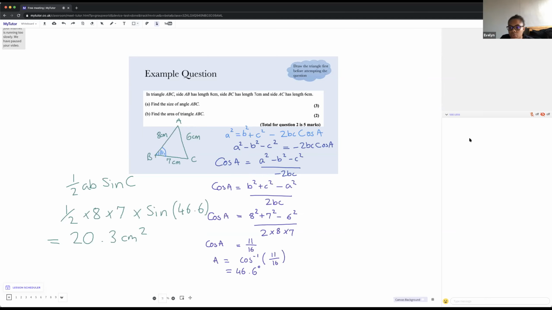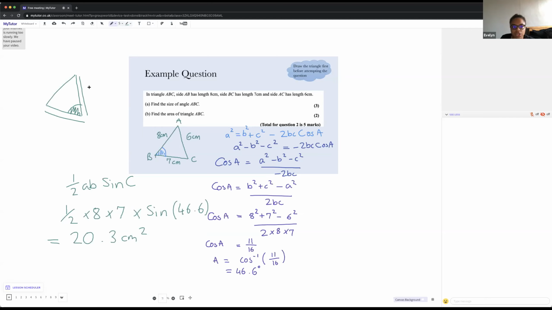Some of you are asking within the area. So again, with the area, let me just show you quickly as well. If you have a triangle, any triangle that you have, if this is your angle and you want to work out the area of a triangle, you're always going to use this length and this length, always the lengths that are touching that angle.